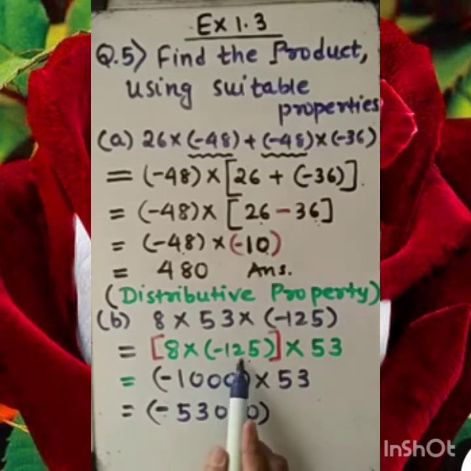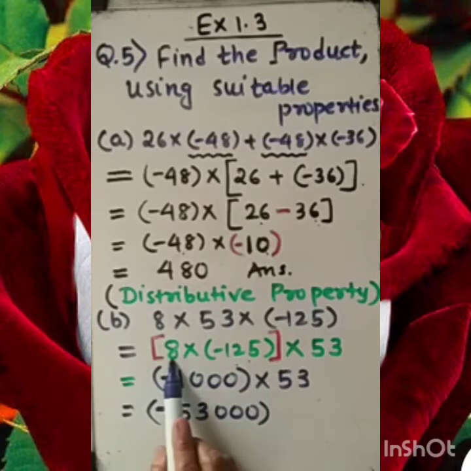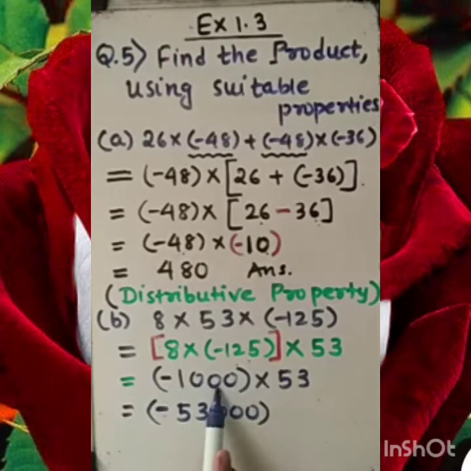We know that when we multiply 125 with 8, it gives the result 1000. Whenever the numbers come in 00, it's easy to multiply any number with that without performing the multiplication. Fine. So under which property have we done this?